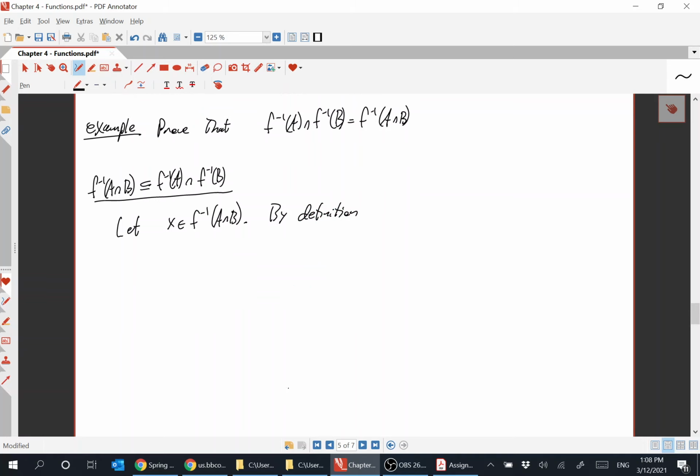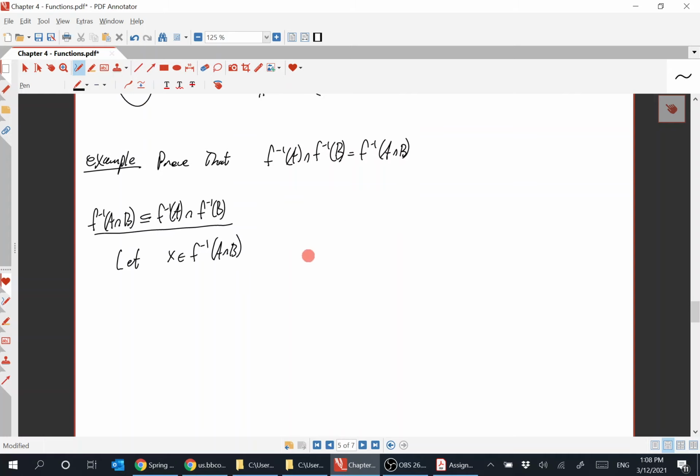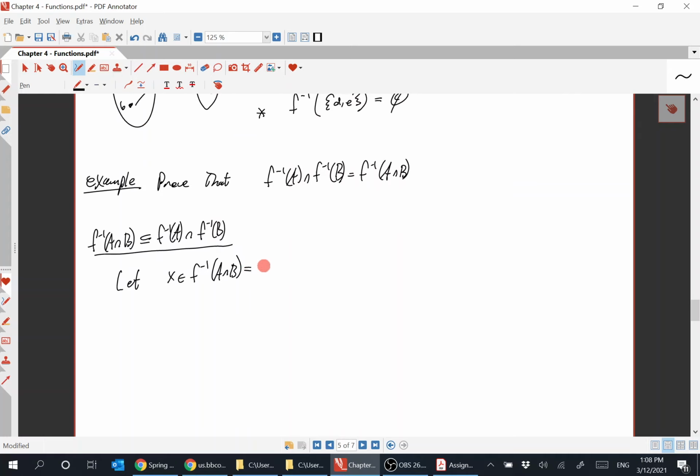If x is in the preimage of A intersection B, so what is the definition? Let's write it out. The preimage of A intersection B is the set of all x in the domain such that what? f of x is an element of A intersection B.